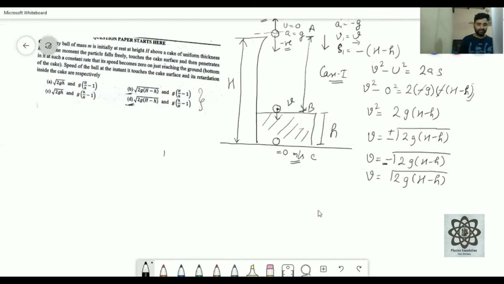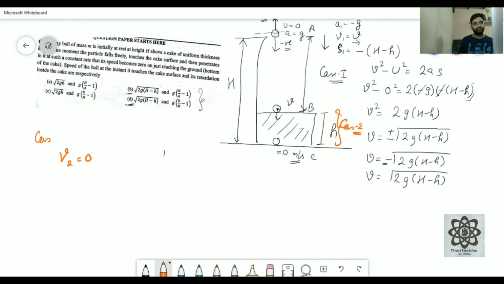Now see, for case 2, this was case 1, and this was case 2, right? So in case 2, the final velocity will be 0.